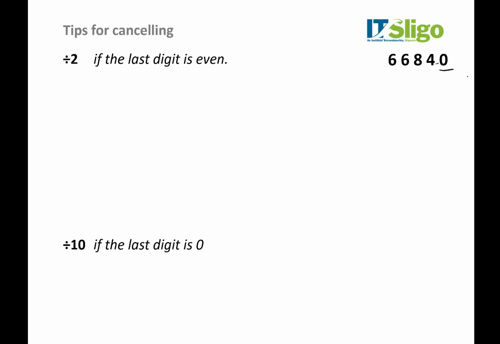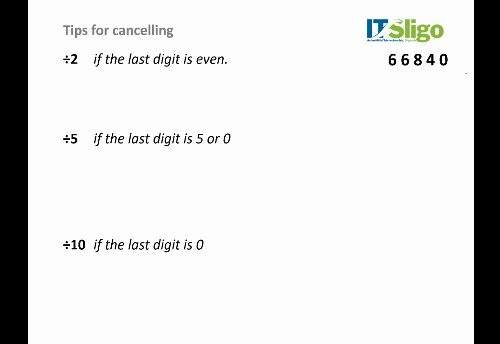If the last digit is 0. So we know this number in the top right corner is divisible by 2, and we know it's divisible by 10. It's also divisible by 5. If it ends in a 5 or a 0, then we know it's divisible by 5. Most people are familiar with those.